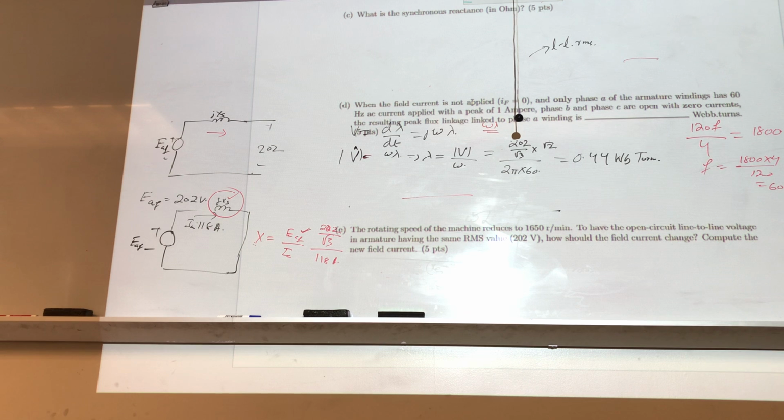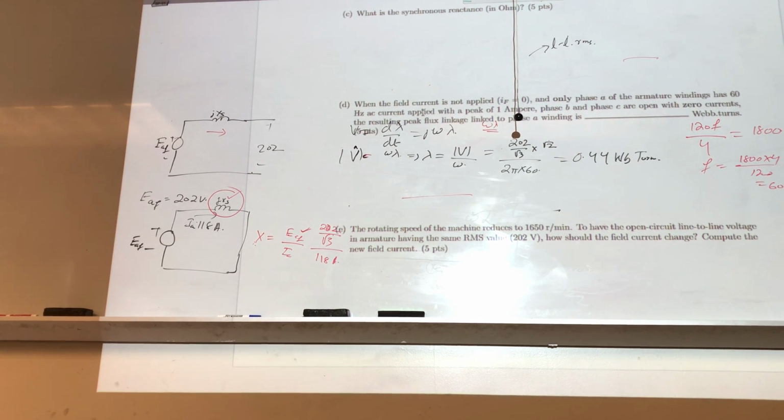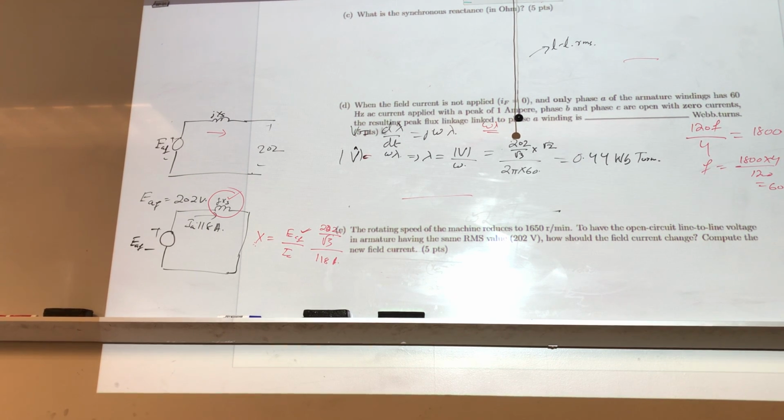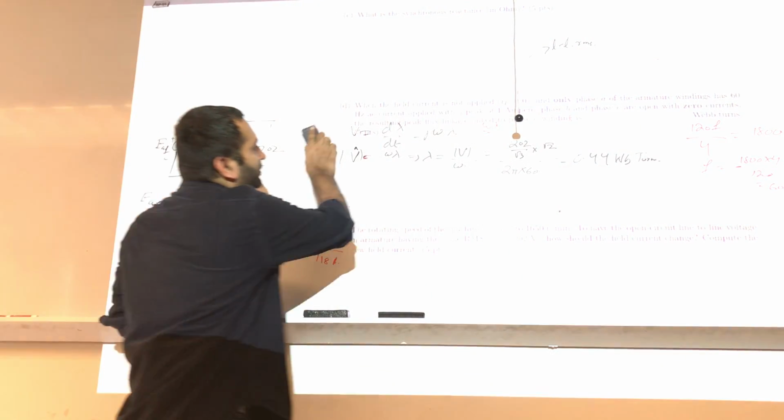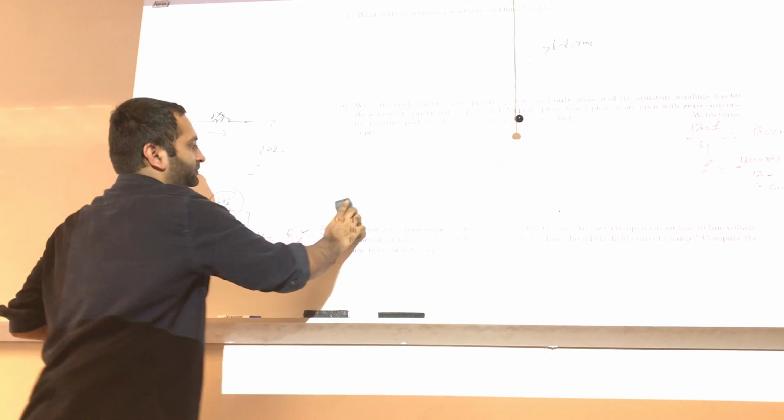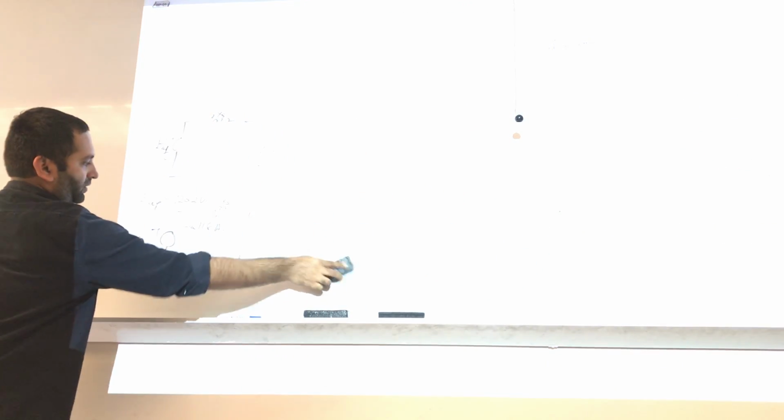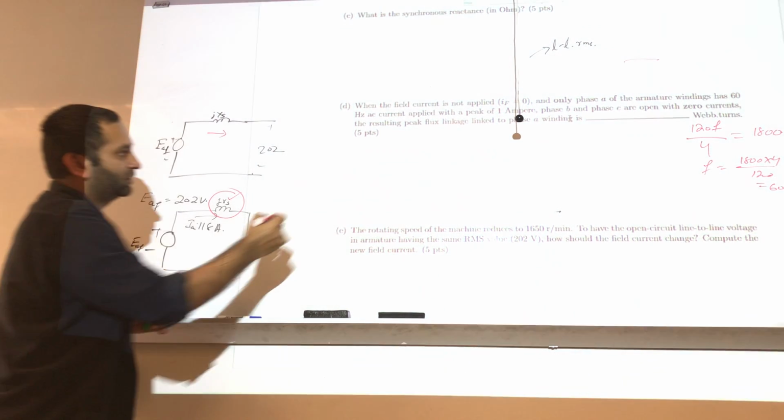When the field current is not applied, so IF is 0, only phase A of the armature winding has 60 Hz applied with a peak ampere of 1, and phase B and phase C are open, which is 0. The resultant peak flux linked to phase A is... it's asking you to find the flux linked with phase A. So what is lambda?